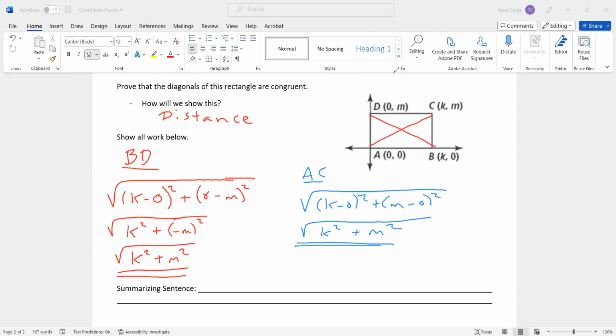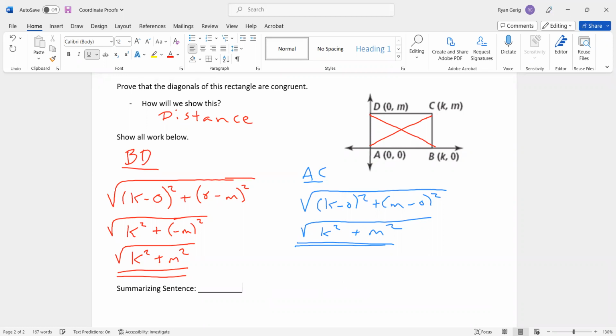They match. So my summarizing sentence, last thing we're going to do here, make sure you do this. All right. Since the diagonals are the same length, they are congruent.